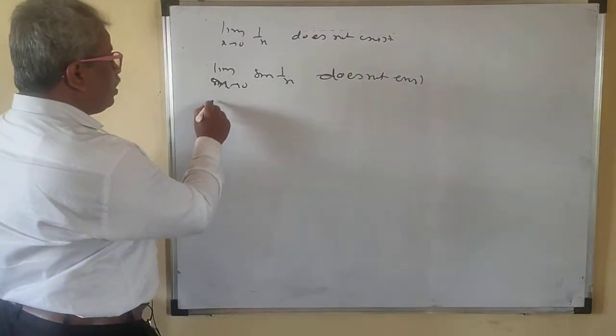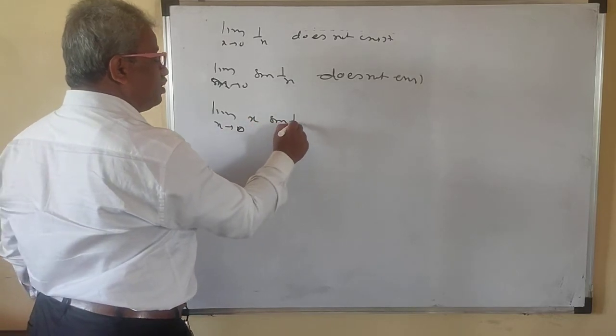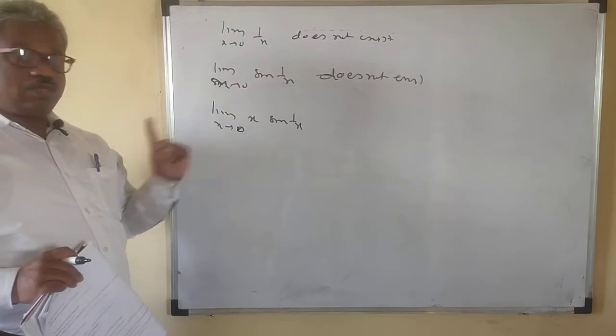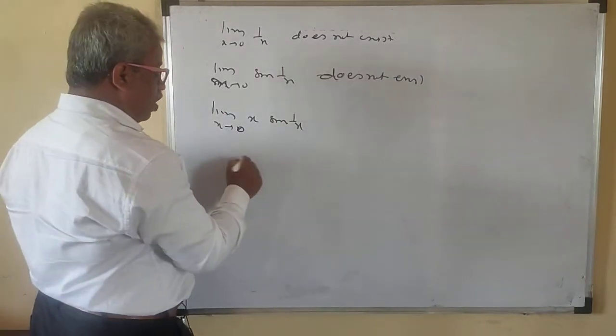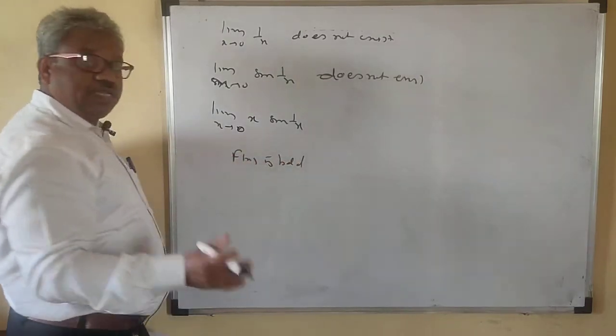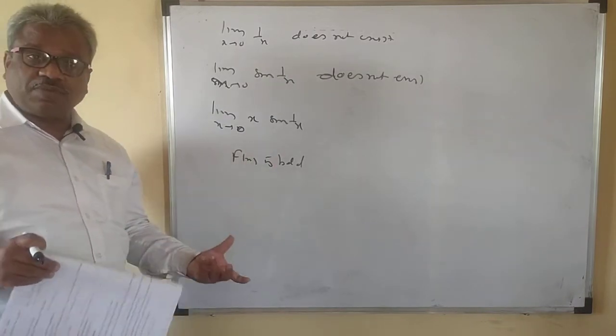But if like this, limit x tends to 0, x into sin 1 by x, see, 1 by x does not exist, but this function is bounded. If f of x is bounded, meaning it has a lower bound, sin x is a bounded function because it lies between -1 and 1.